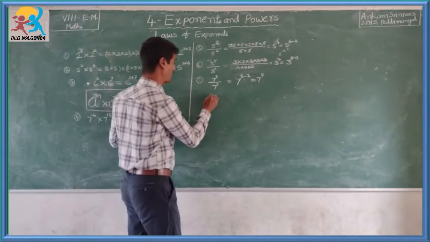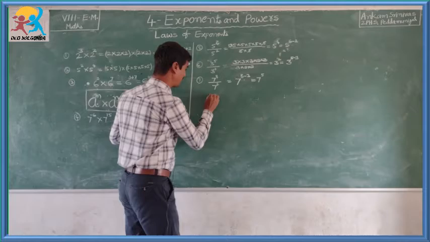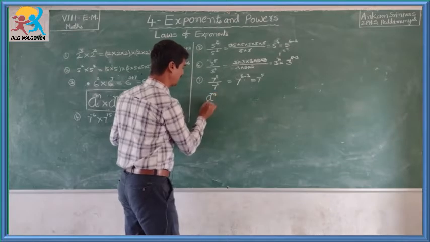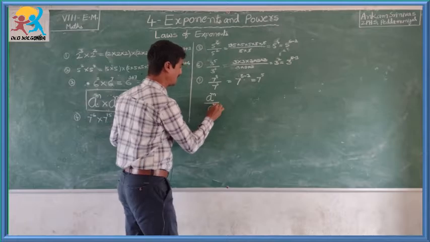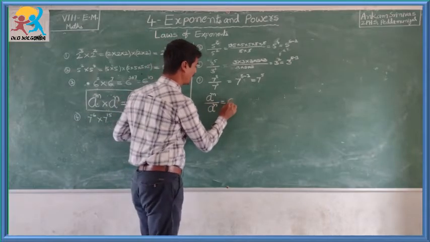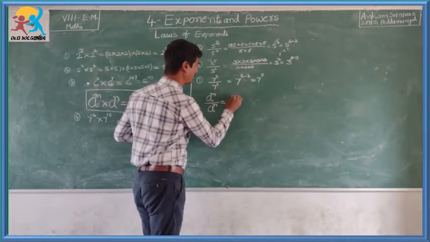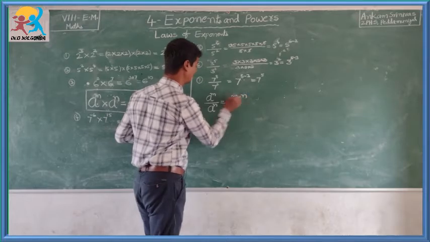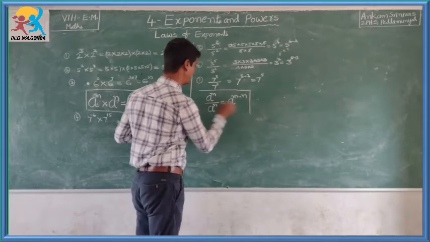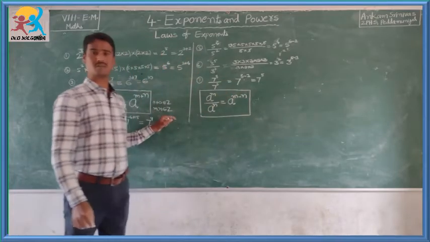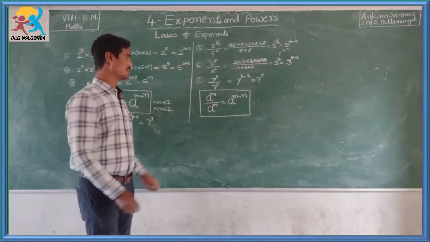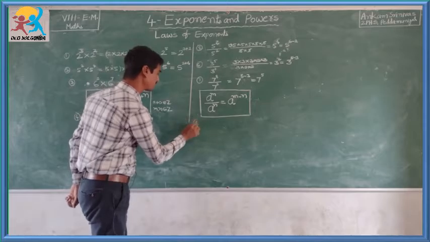That means a power m by a power n is equal to a power m minus n. M minus n is very easy to remember. Yes or no?